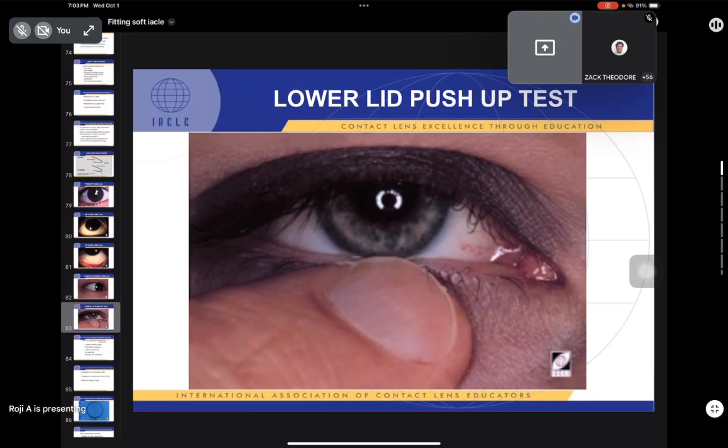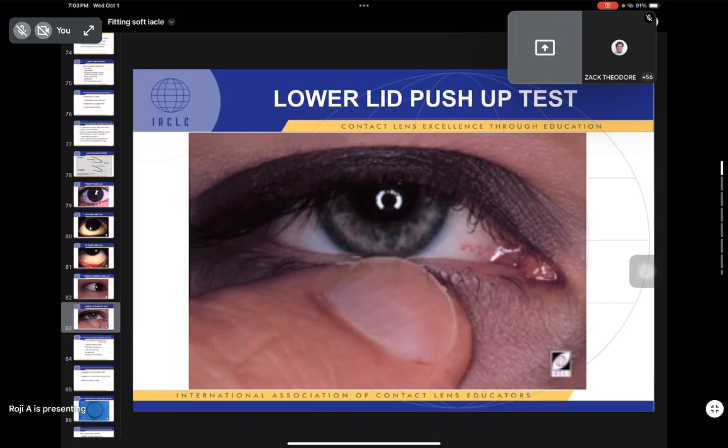And then this is what they call the push-up method. This is by pushing the contact lens against the cornea using the lower lid, looking at the movement of the contact lens. So you look at the behavior of the lens, whether it's moving fast or loosely or not moving at all, meaning to say it's steep, right?